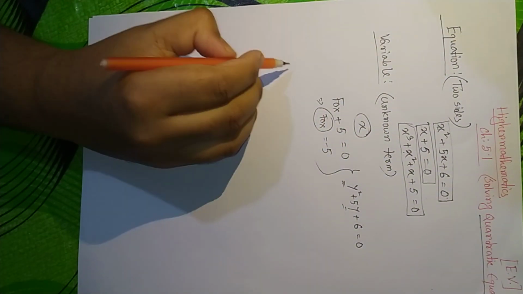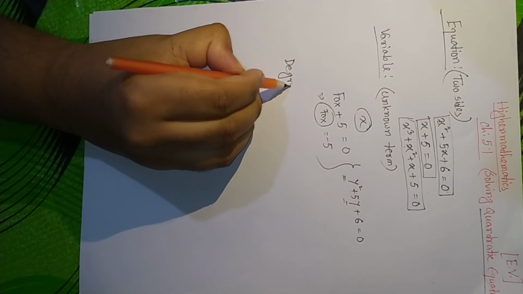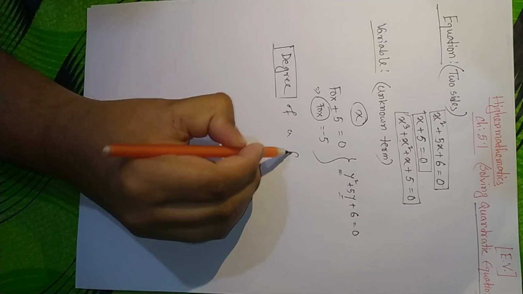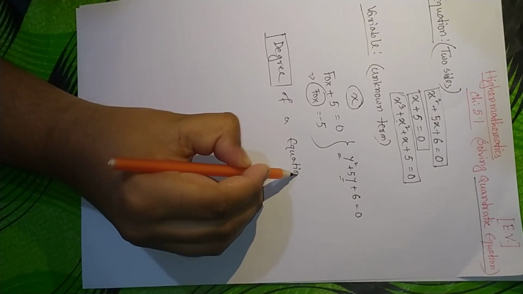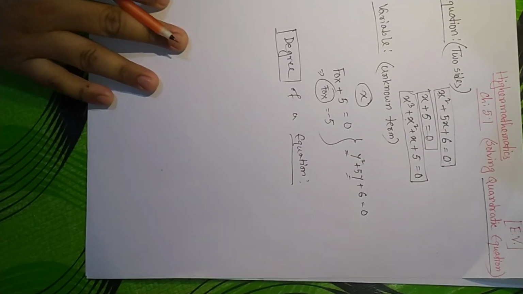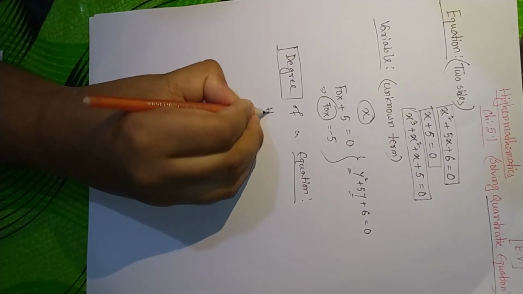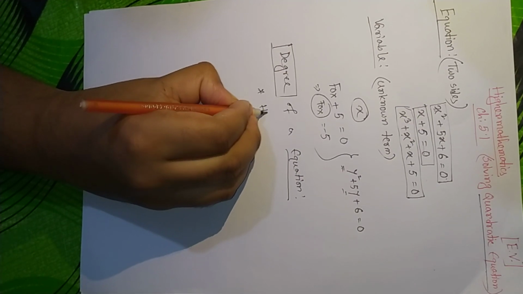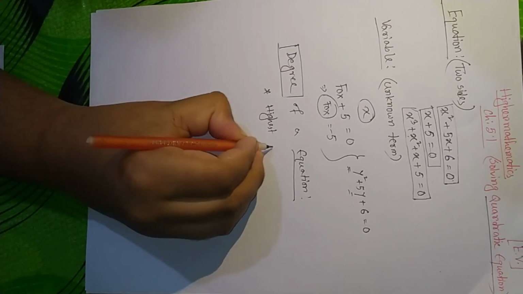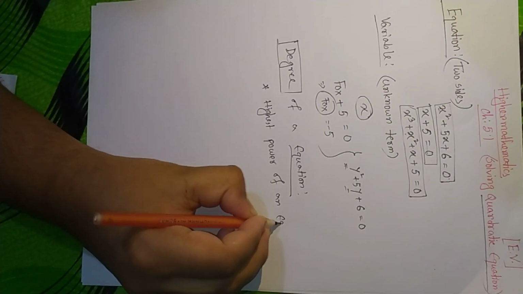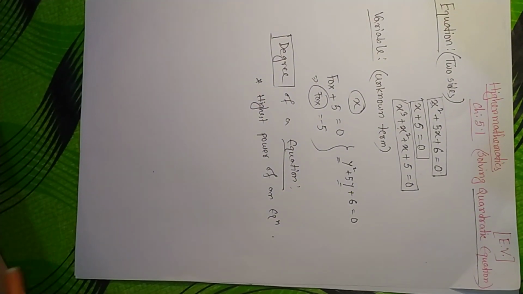The degree of an equation is the highest power in the equation. The degree of an equation is what? The highest power of an equation is called the degree of the equation.